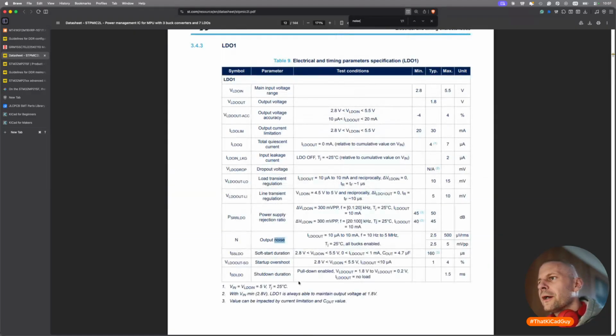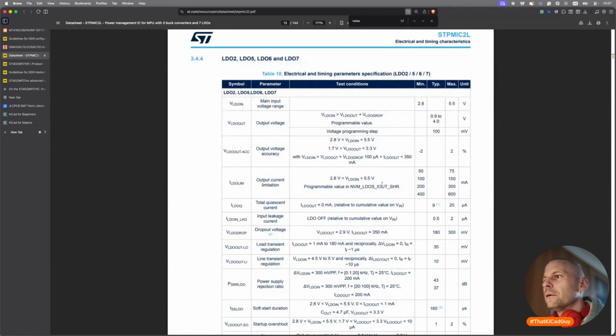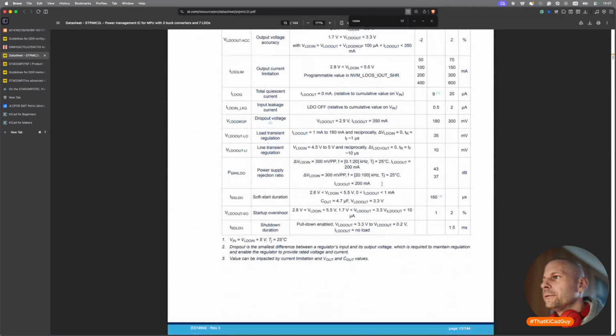So the LDO has 2.5 microvolts RMS. When the buck is enabled, 2.5 millivolts, so 1,000 times worse. Only one noise figure.